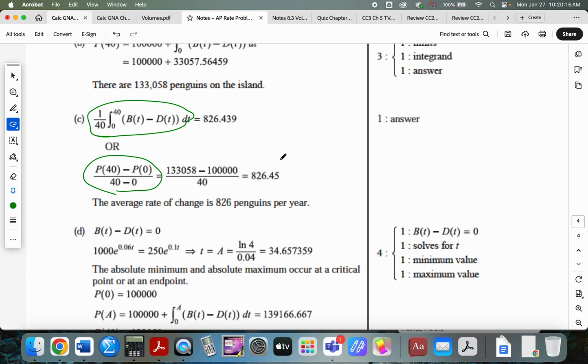It's the same thing. You can think about it either way, and sometimes this gums up people's thinking, right? But they really are the same, because this part right here is going to be B of 40 minus D of 40 minus our population at time 0, right? Here we're doing this to give me my population at time 40 minus my population at time 0. It's the change in the population.